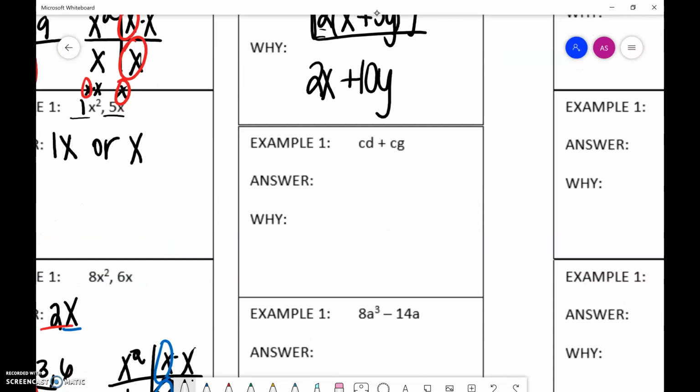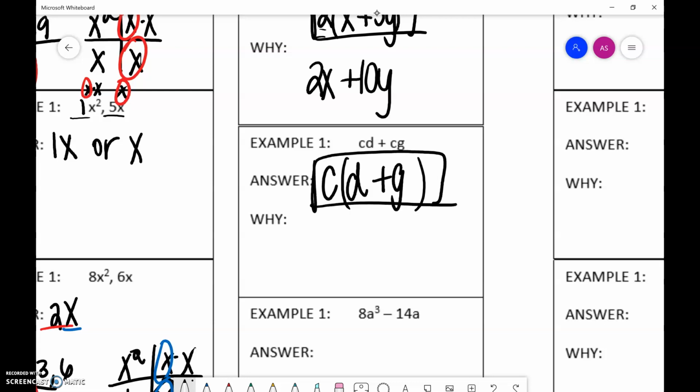This next one, I have CD plus CG. The letter they have in common is C, so C will be my greatest common factor. Then C times what will give me CD? That will be D. And C times what will give me CG? That'll be positive G, and that's my answer.